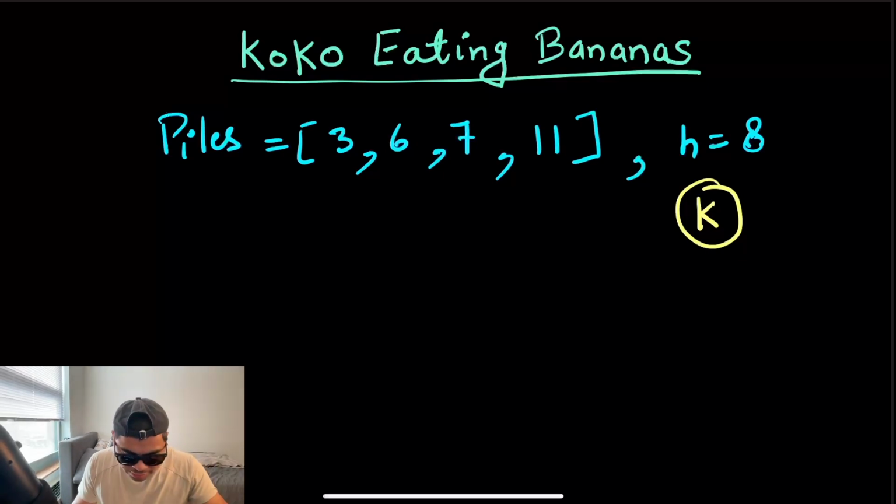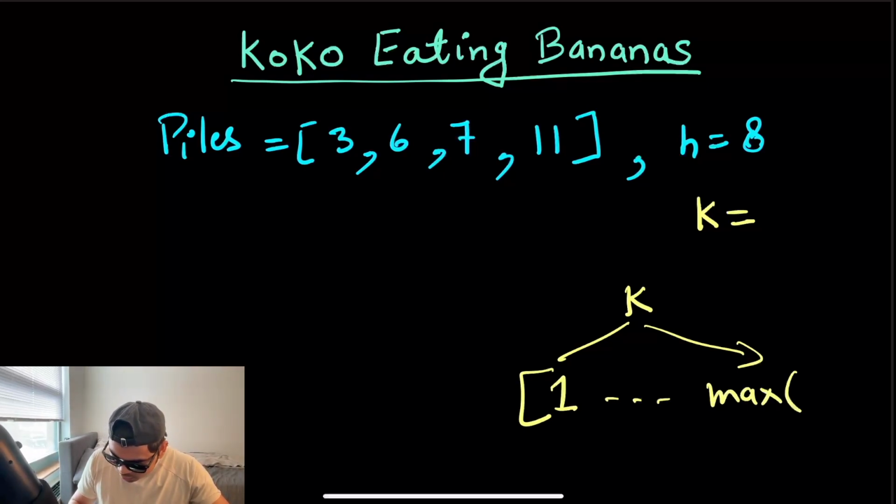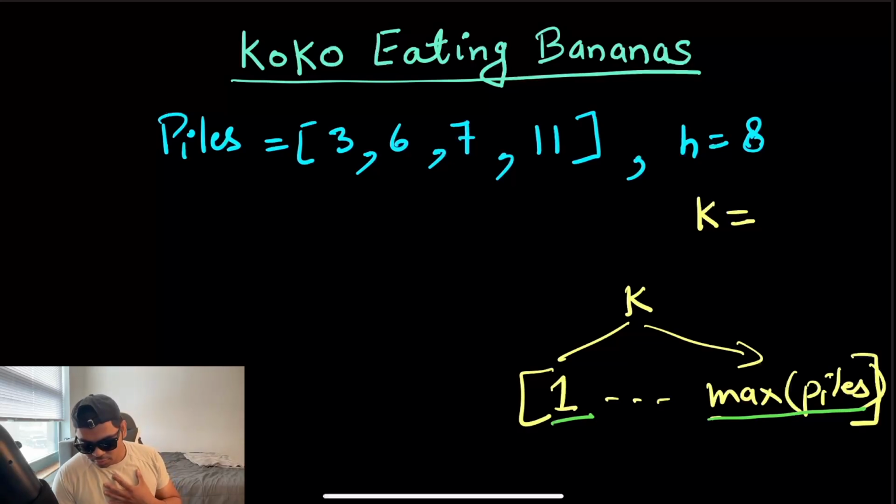So how do we choose our k? The k values will be between 1 and the max of piles. Why is that? k equal to 1 would be the minimum eating speed we can choose, and I know in this case she wouldn't be able to finish all the bananas, and we'll understand why.